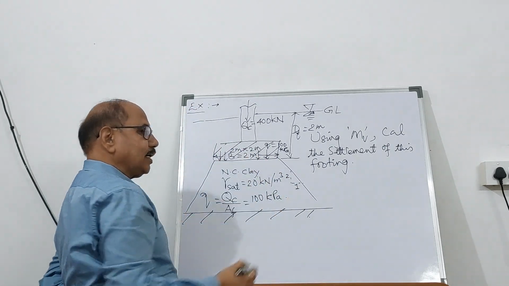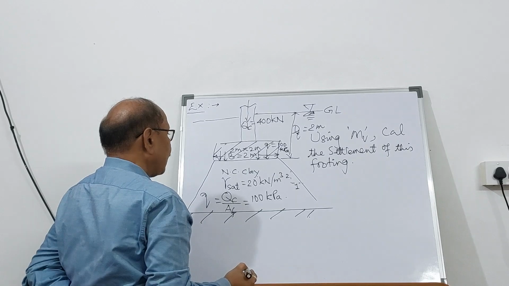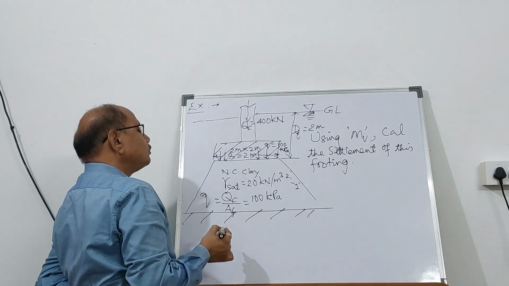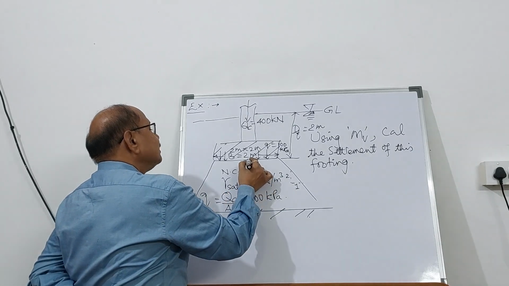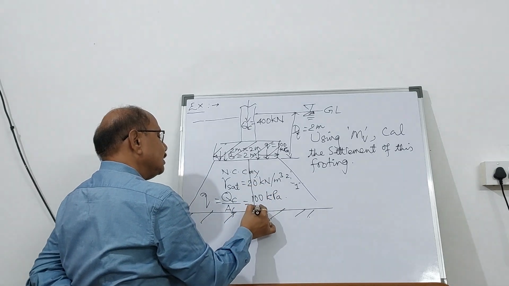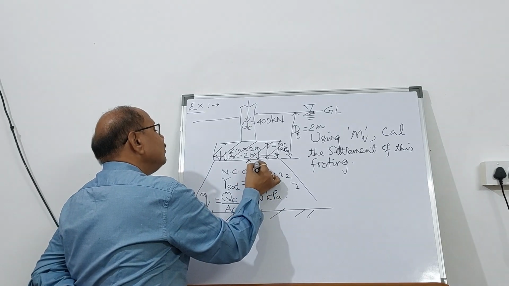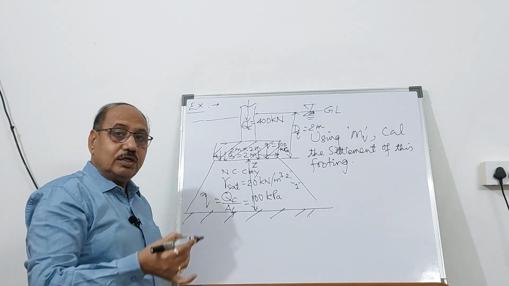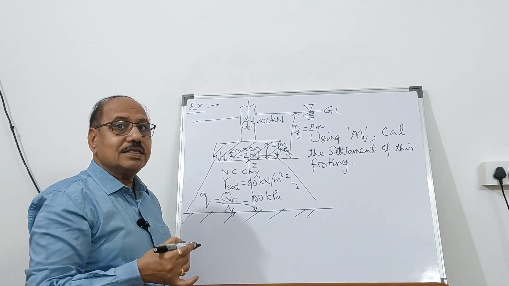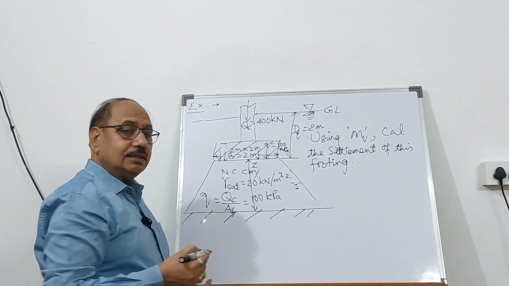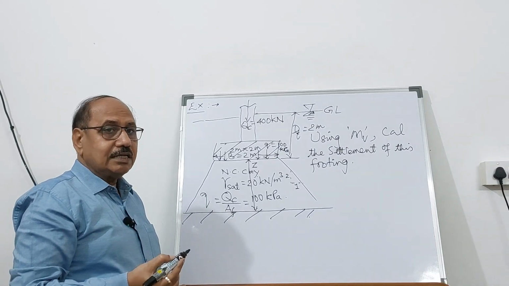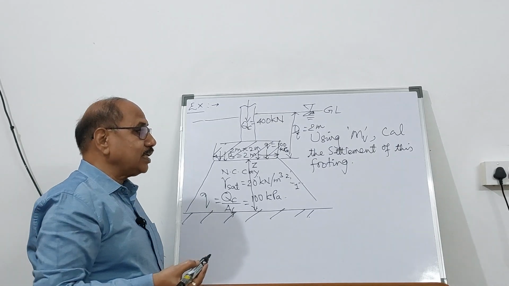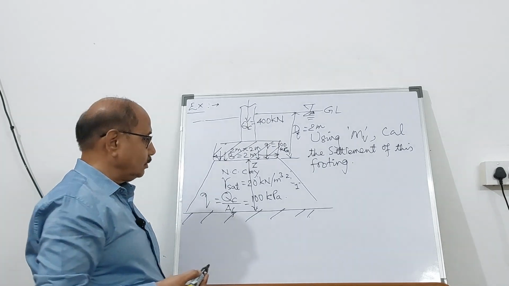Load is going to spread like this, and the zone of influence, this is very important, in which the load will be felt. Load is going to compress the soil and leading to rearrangement of particle, leading to settlement of the footing.